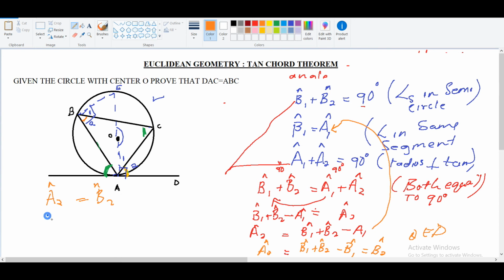So you can say DAC is equal to B2. What is B2? B2 is A, B, C. So this is ABC. Okay, so we have proven the Chord theorem.